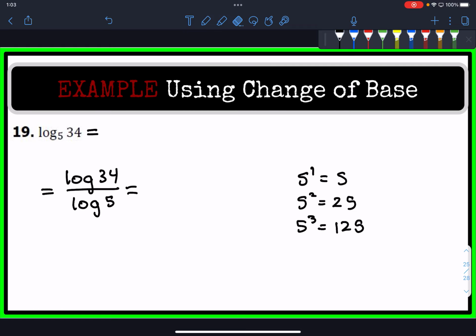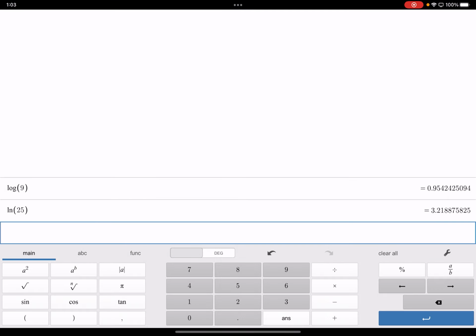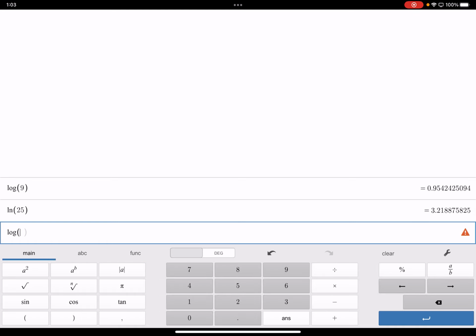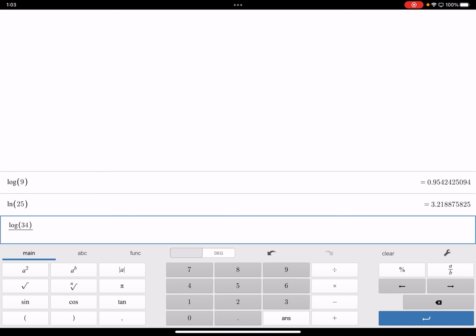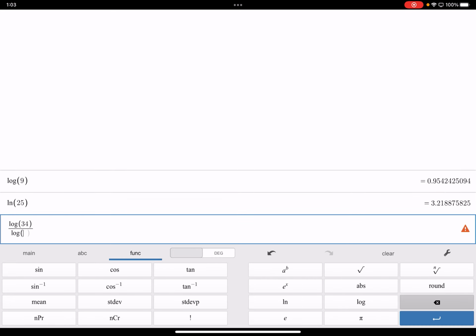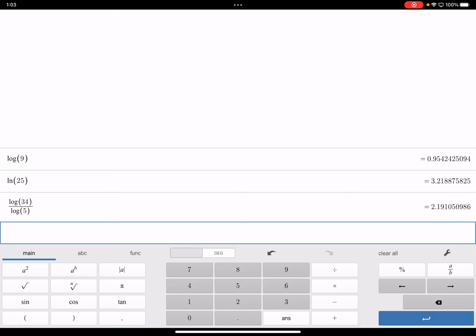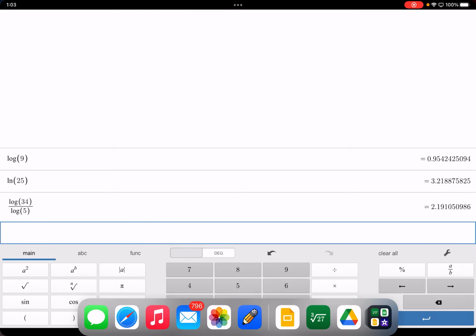So let's use our calculator. The log of 34 divided by the log of 5 is approximately 2.191.